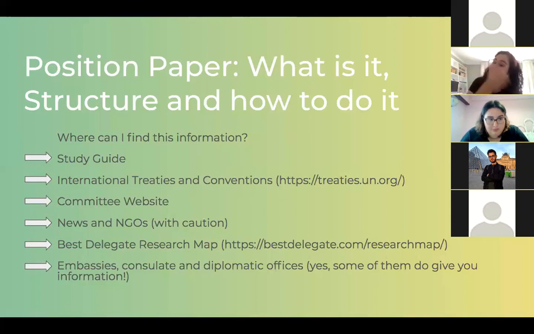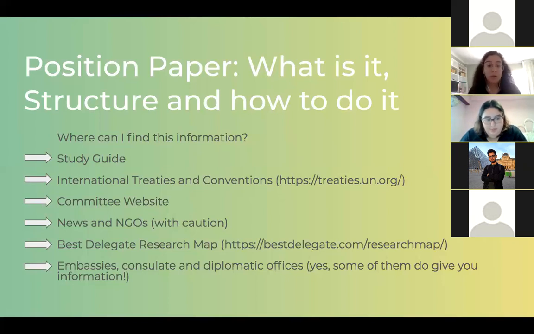So again, the Study Guide has a lot of information for you to find. It is there to help you understand the topic. International treaties and conventions, the United Nations, you have the website here. The United Nations has so much information regarding anything, you can always find it, and it's very easy to find.